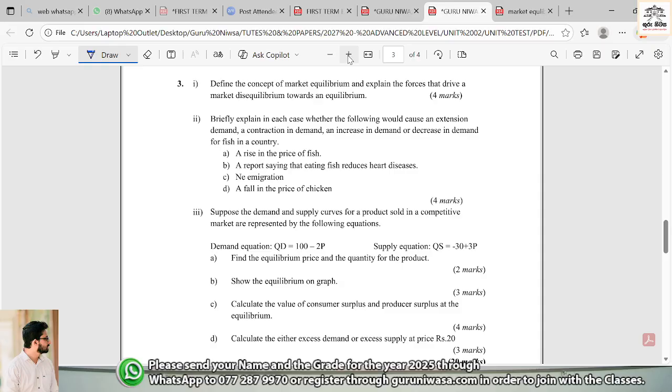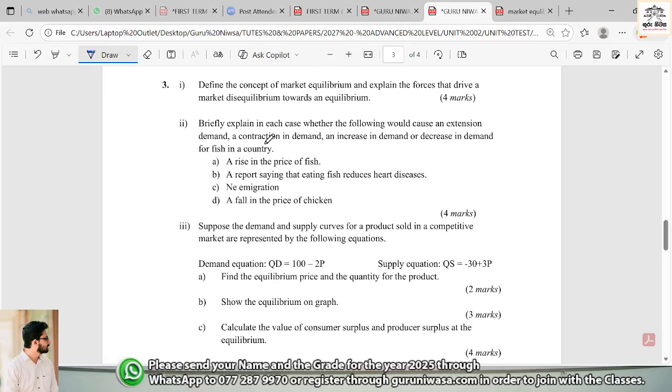Briefly explain in each case whether the following would cause an extension in demand. Can you remember this word, extension? Extension in demand means increase in quantity demanded. It's a similar word.